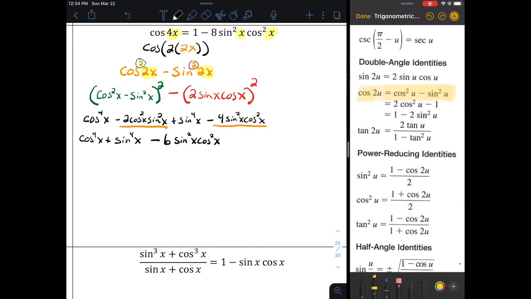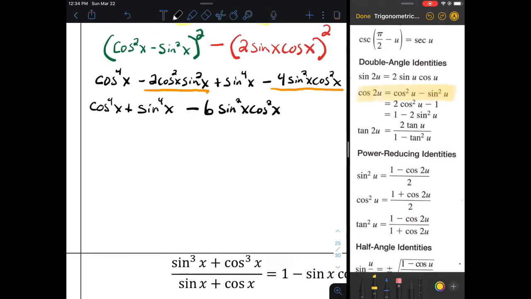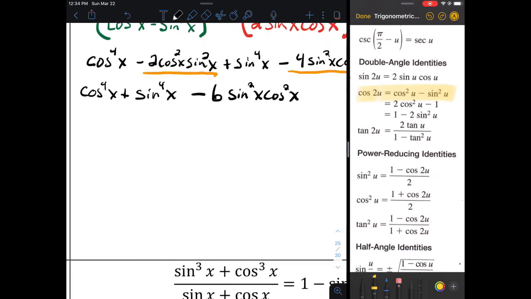Well, an idea to go from here is we're going to pick a term and try to see if we can manipulate it. Because I don't need to have cosine to the 4th, nor do I need to have sine to the 4th power. And what I'm going to do is use a Pythagorean identity here.